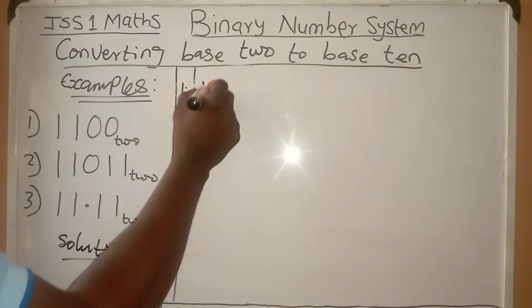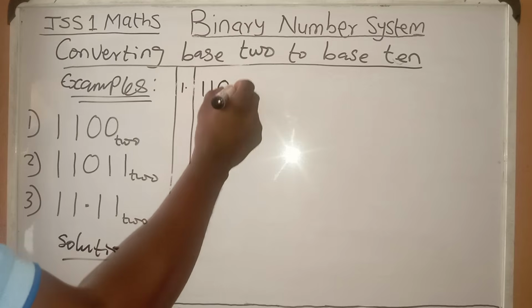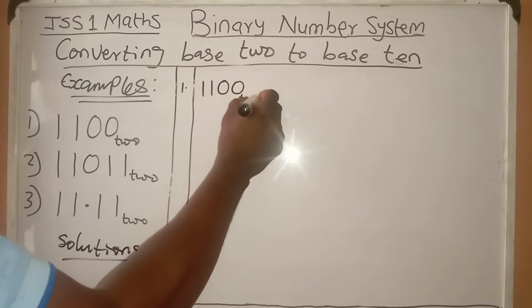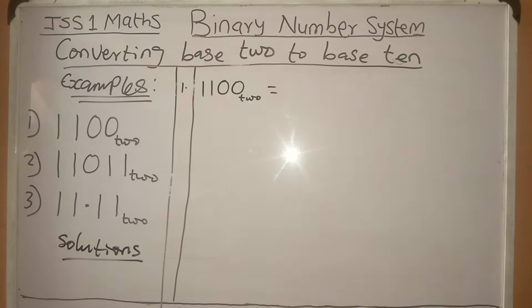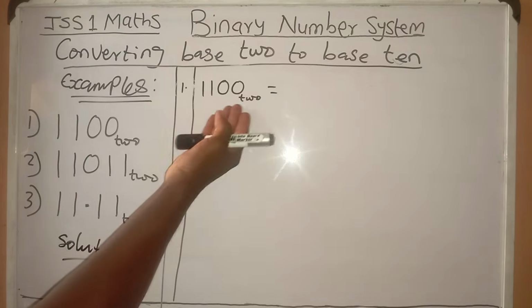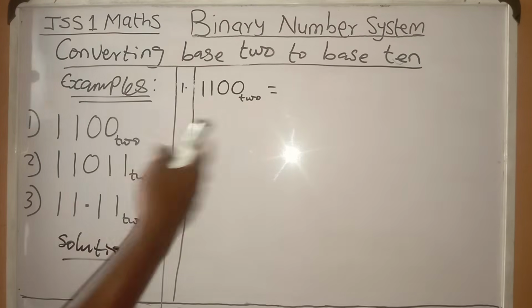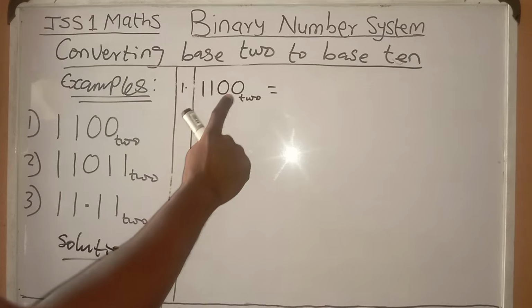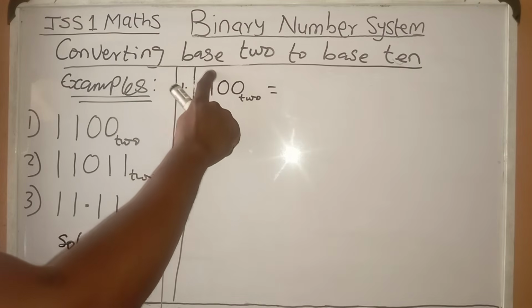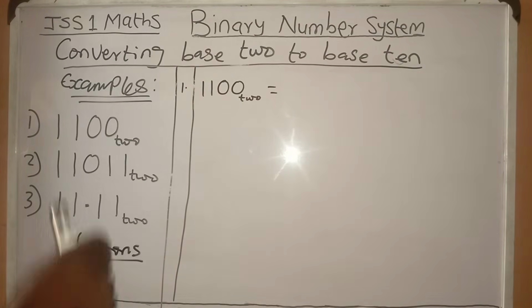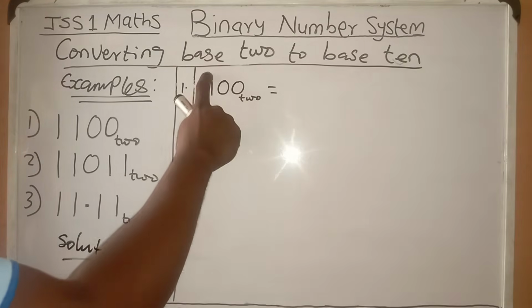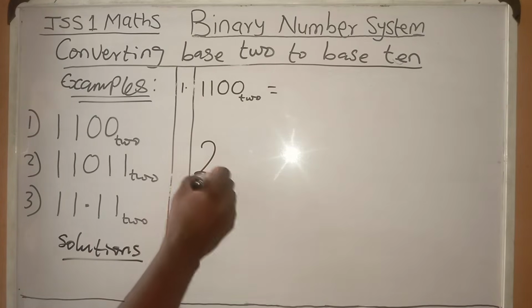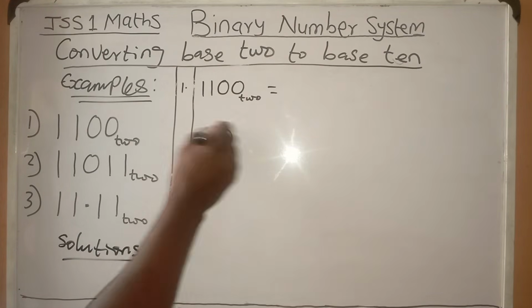Number 1 will have 1100, which is in base 2. Let's see how it goes. Good. Whenever you have a number in a certain base to be converted to base 10, the first thing you do is to identify the powers to which the base will be raised. Like now, if you have 2 raised to a power, this number is called the power.